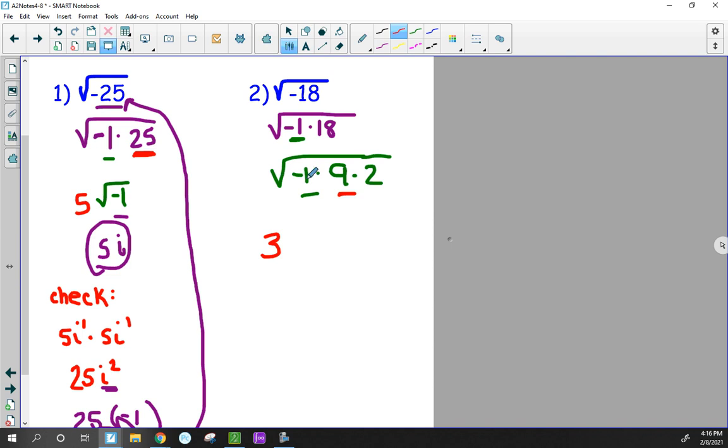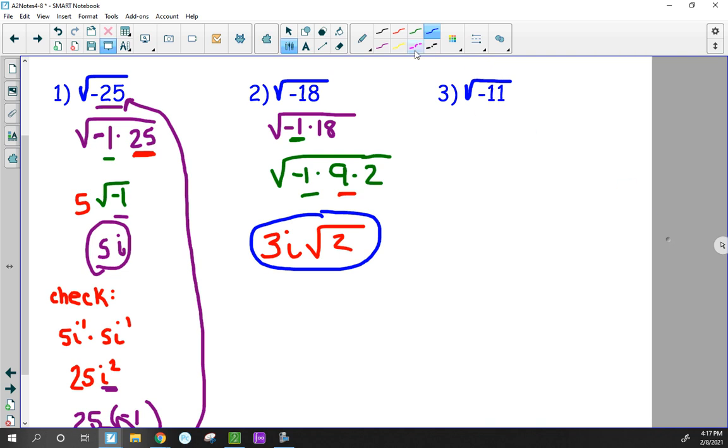The square root of negative 1 is the definition of imaginary numbers, which is what we're learning today. And then the 2 is going to stay underneath the radical. And so this is the best answer. This is simplified radical form.